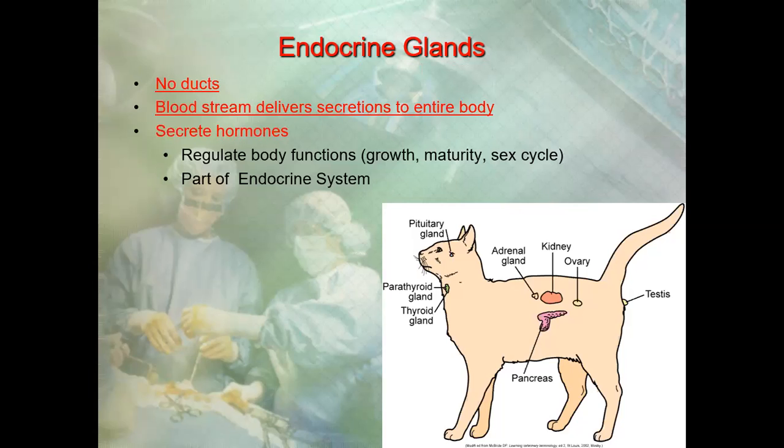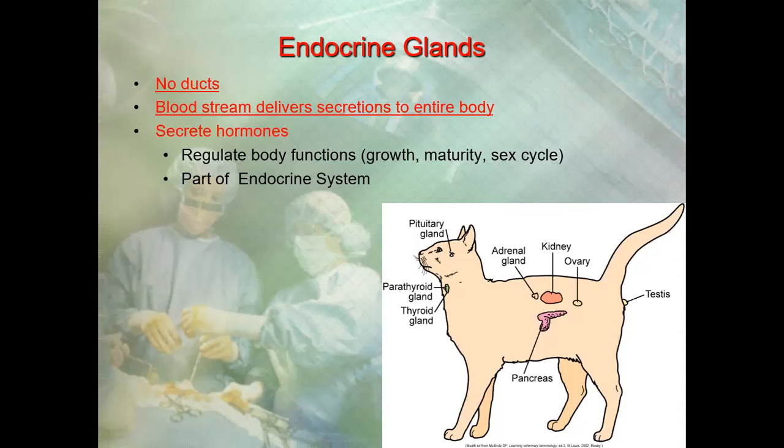You got your pituitary gland, which is the master gland, thyroid, which controls your metabolism, parathyroid, which helps to control glucose. We've got adrenal gland, which produces adrenaline, among many other things. Kidneys, pancreas, ovary. This poor cat is jacked up because he's got both ovary and testes.